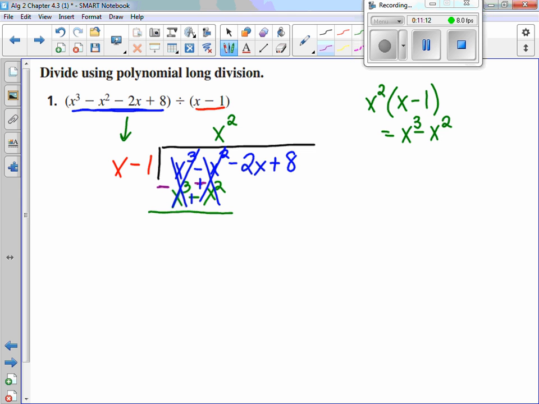What did we do next for our first example of long division after I subtracted once? We did what? We dropped down to negative 2x. How many terms do I have here? 2, yes? How many do I have here? I just have negative 2x, don't I? I have to bring the 8 down with it. Now, in most cases this is a little bit odd, but if the x squared hadn't canceled out, we would have been fine bringing 1 down because I would have had the x squared and the x term.